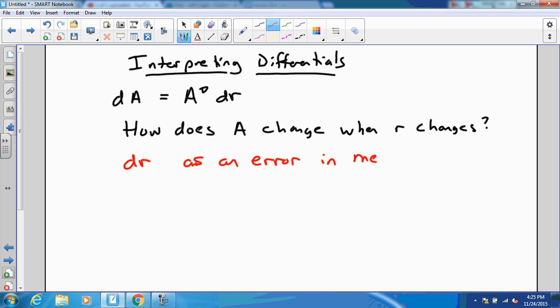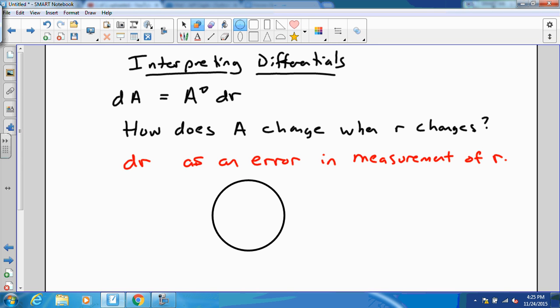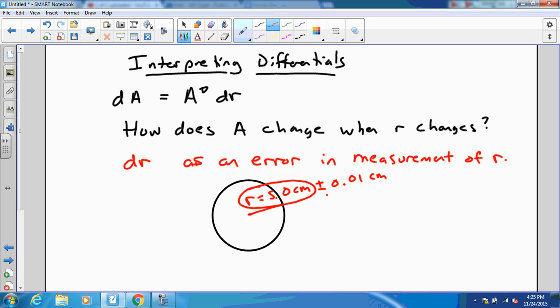And there's a second way that we could think about it. We could interpret dr as an error in the measurement of r. In other words, when I measured the radius of my circle, I had a ruler, and my measurement technique and the ruler are only so good, and so maybe I measured the radius with the ruler as 5.0 centimeters plus or minus 0.01 centimeters.